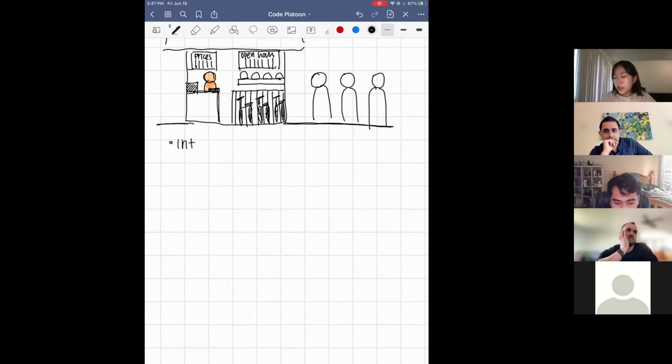So we would need an interface to handle all the different commands. What this would essentially do is it would need to print the menu. And this is kind of similar to the ice cream example exercise that we did earlier in class. So it would print the menu and take the customer's orders.